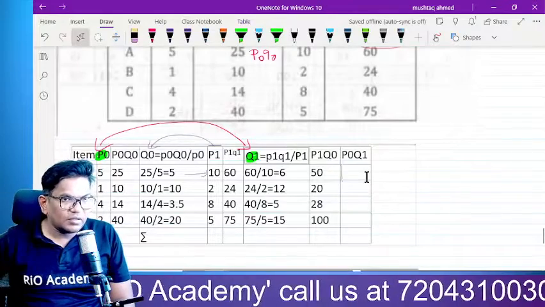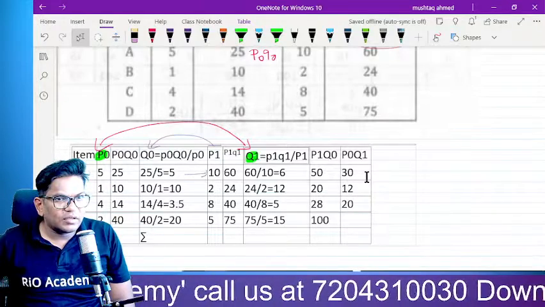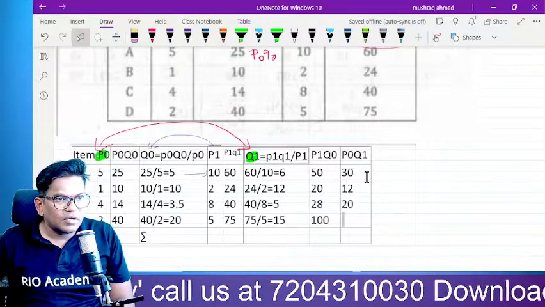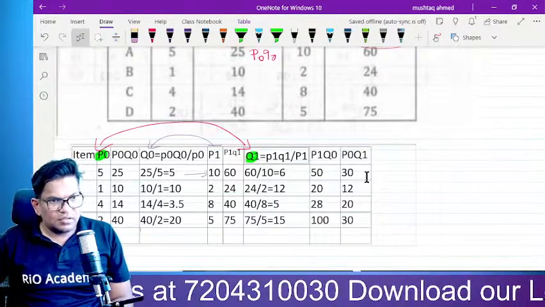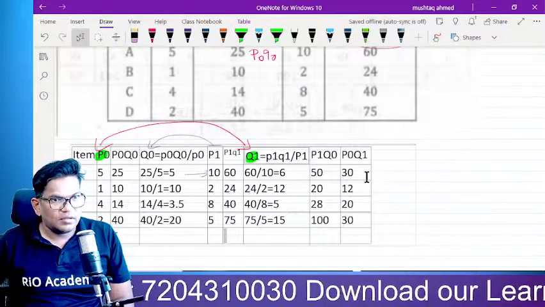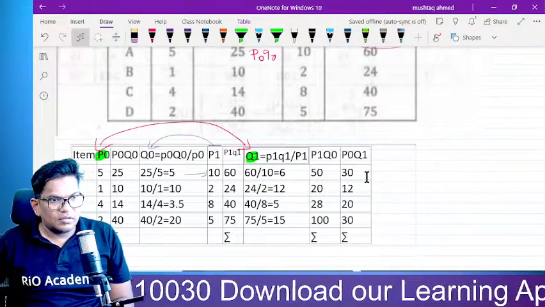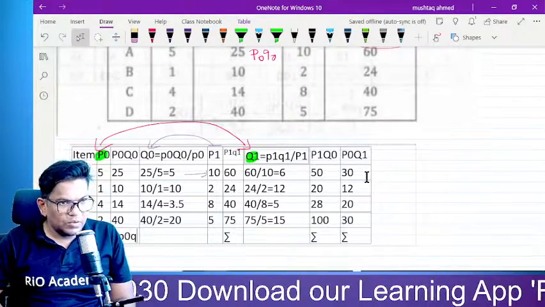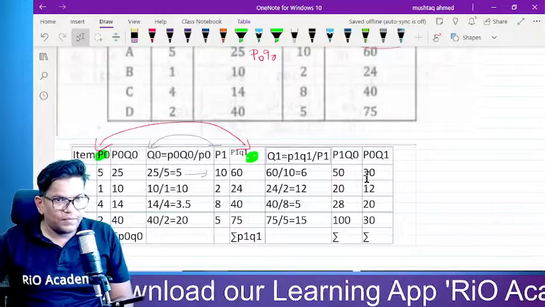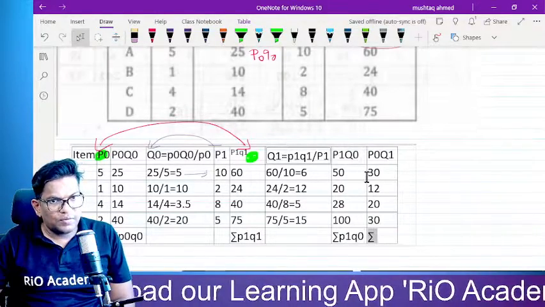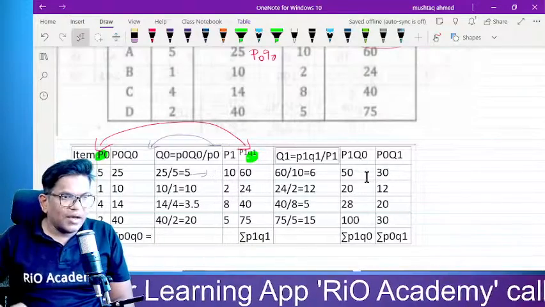How much will it be? 30, 12, 20, and 15 into 2 is 30. Add up this now.